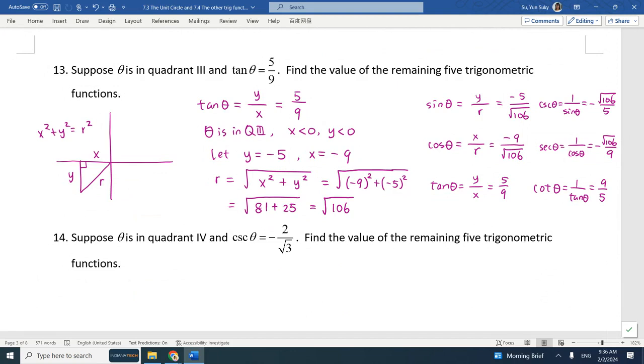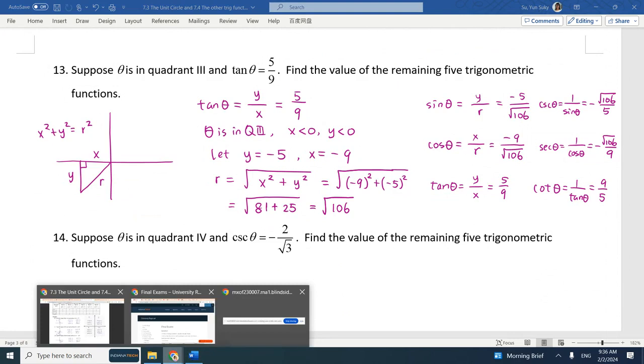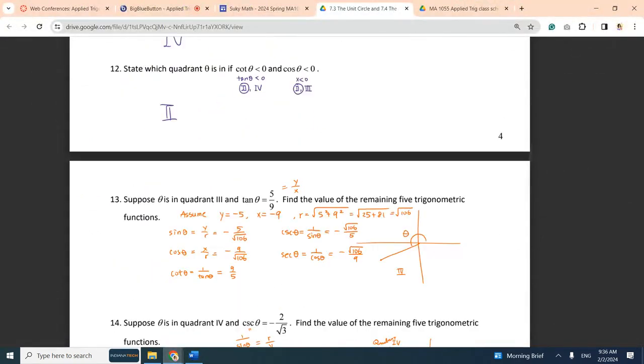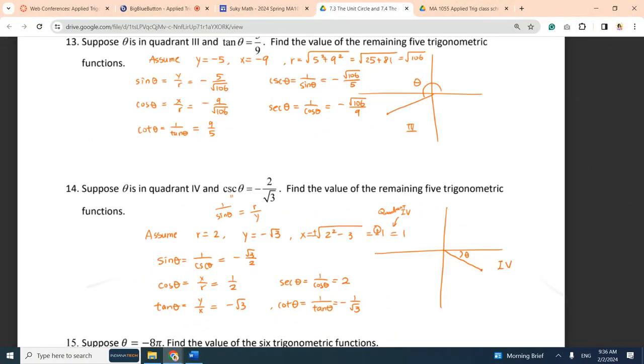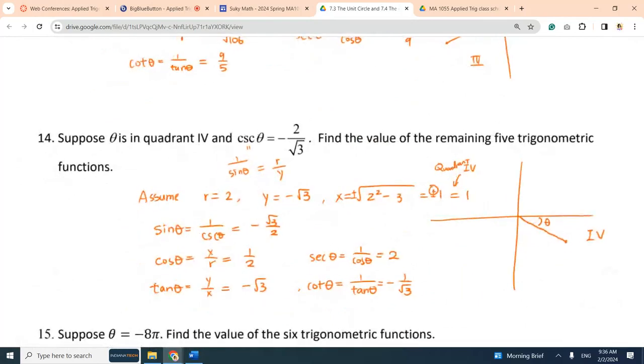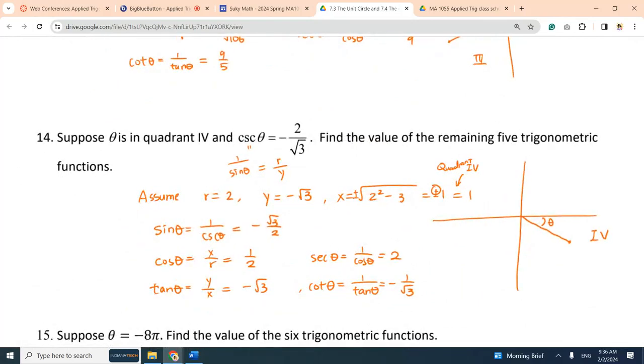Okay, let's check our answers. So we know the theta is in quadrant 4. Quadrant 4 is right here. So we know the x is positive, but the y is negative, right? And cosecant, we know it's 1 over sine. So that is r over y.